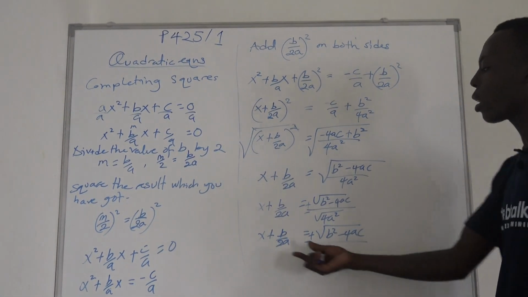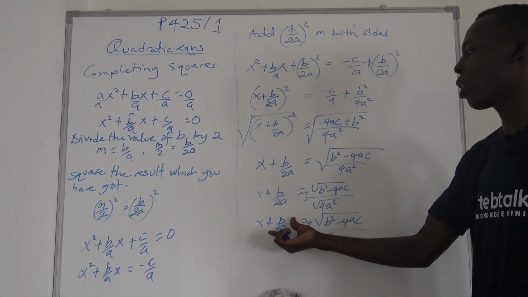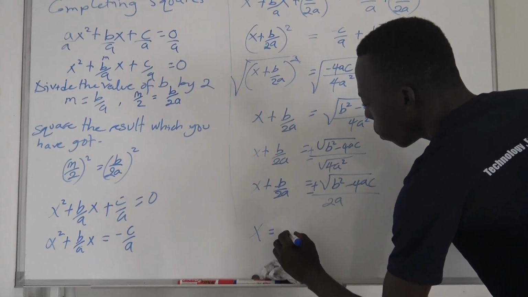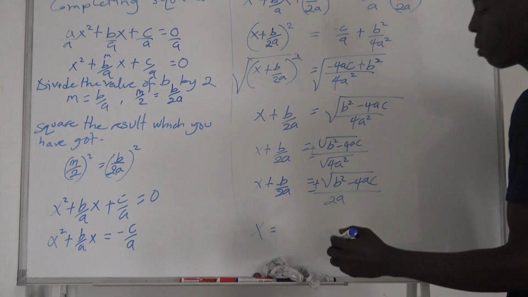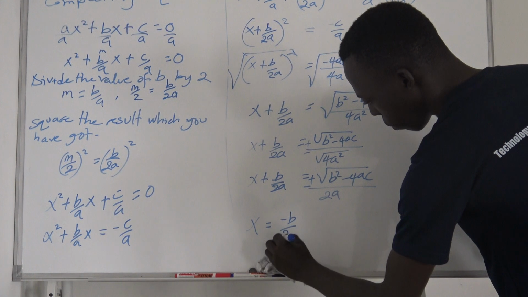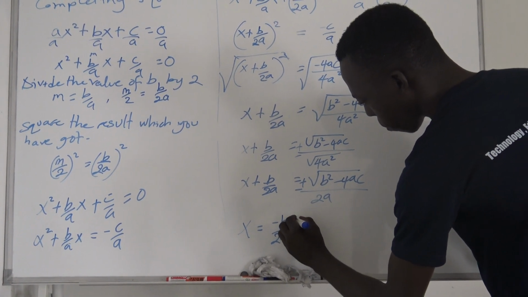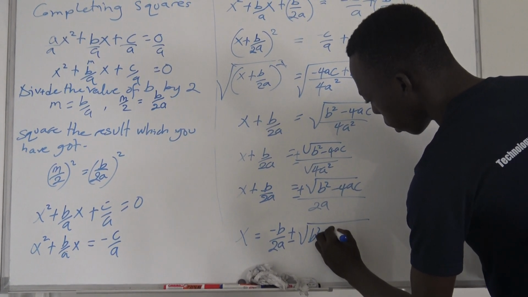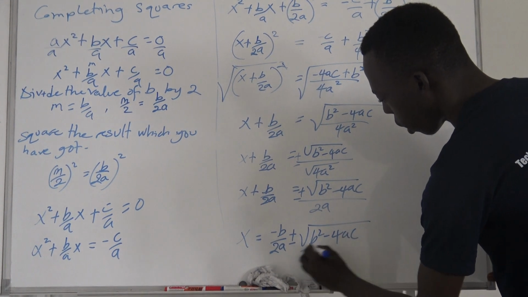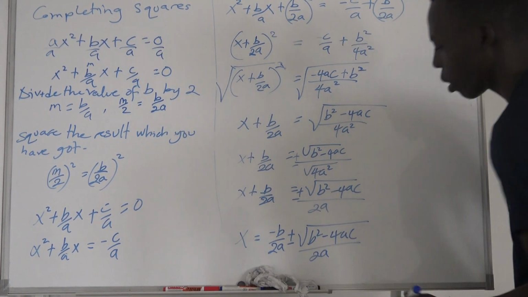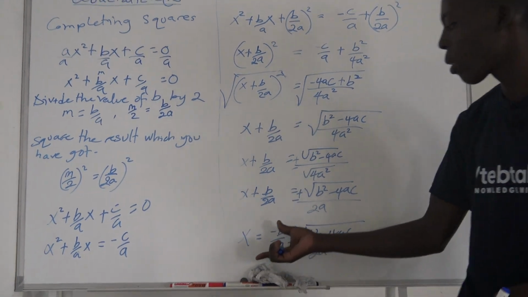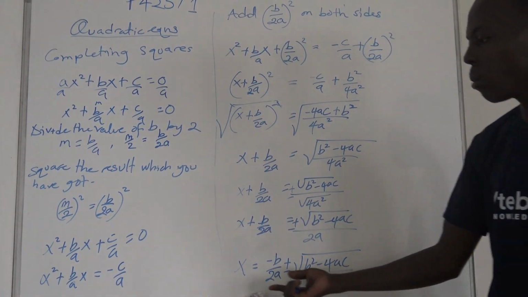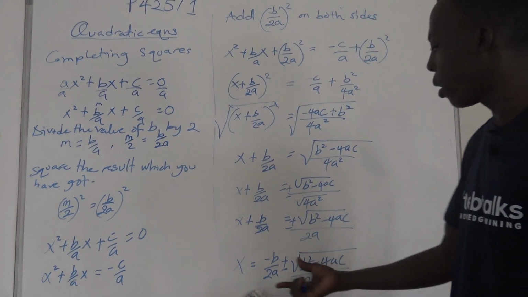So now from here we take the b out of 2a to the other side, which will give us that our value of x equals... When you take this one, this side will be negative now, which is negative b out of 2a, then plus or minus root of b squared minus 4ac out of 2a. When we reach this step, we have the same denominator down here and here. So that means when we get the LCM, it is the same thing.